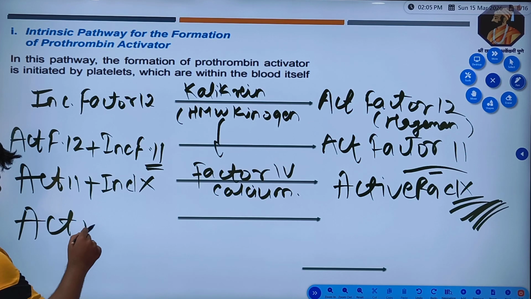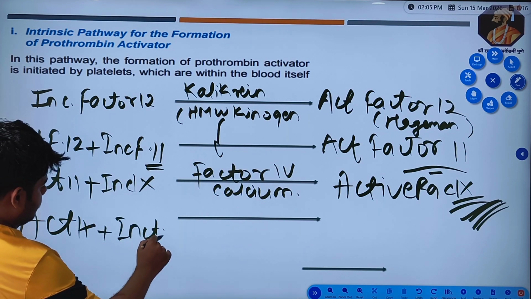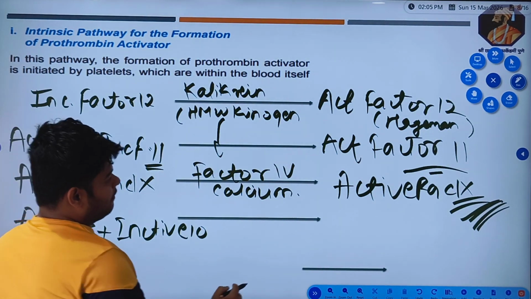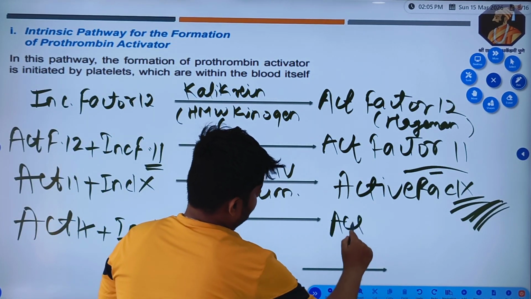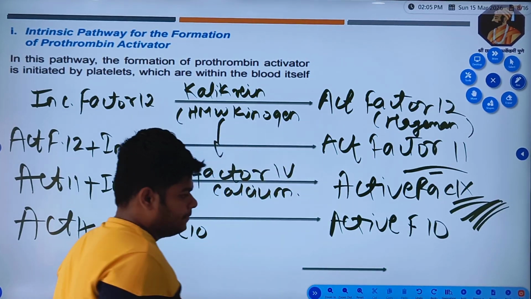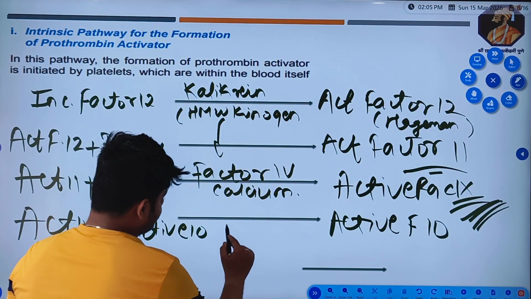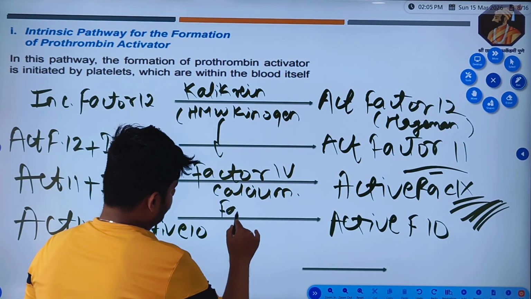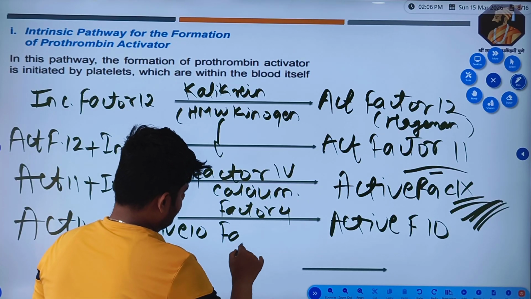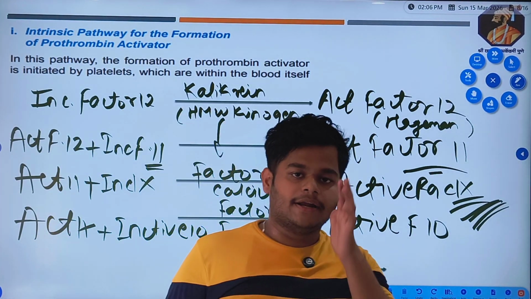What active factor 9 does is, active factor 9 plus inactive factor 10 converts into active factor 10. How does it convert? With the help of factor 4 and factor 8, which is the anti-hemophilic factor, right?